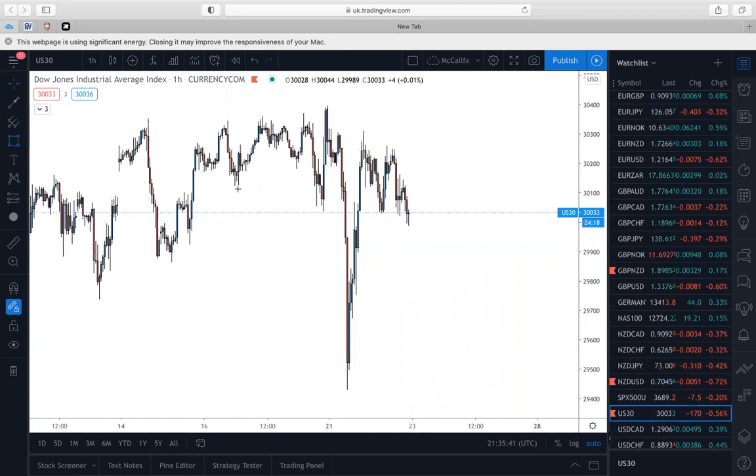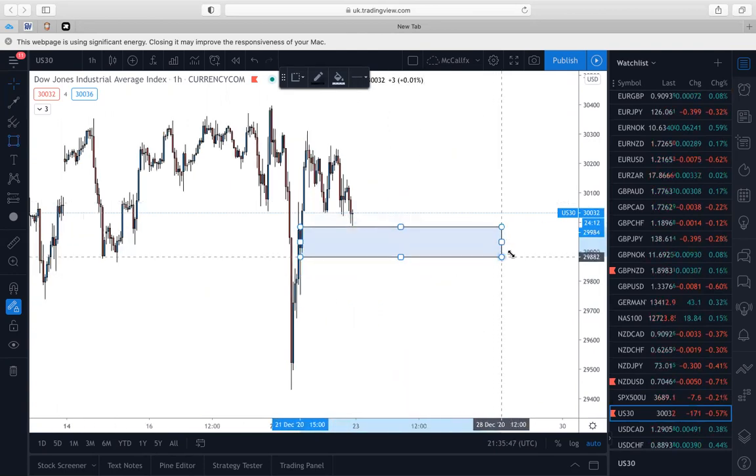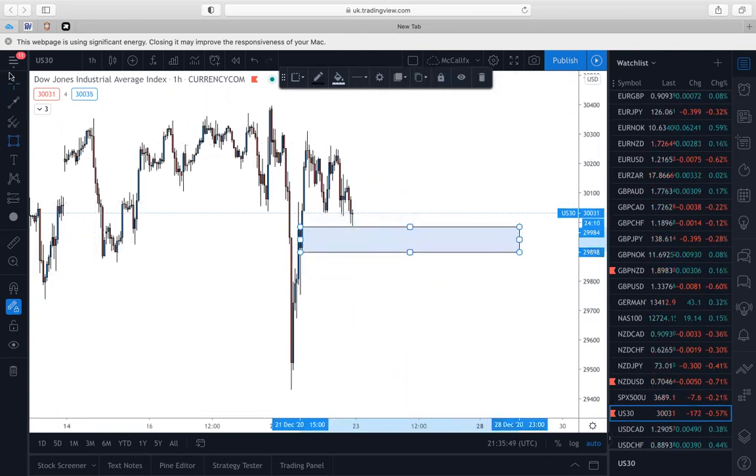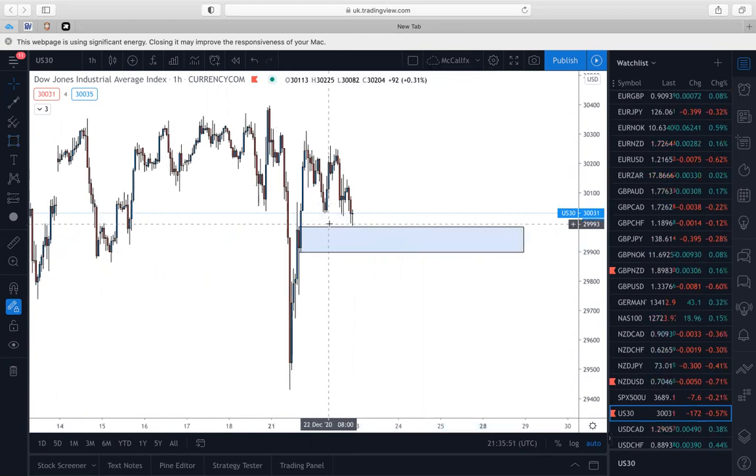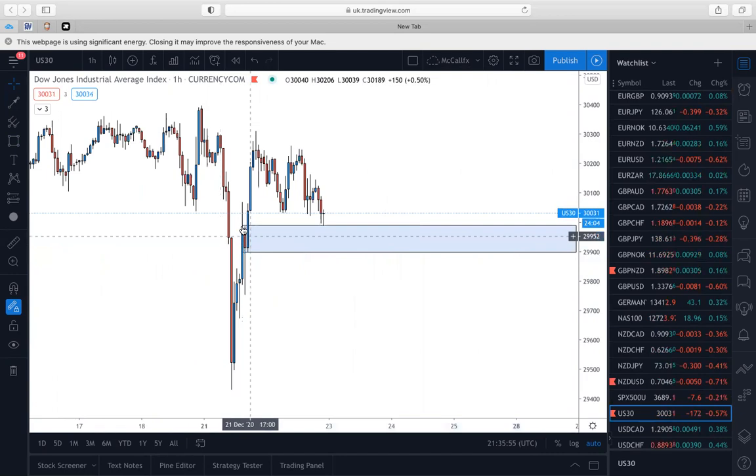Okay, so this will also be a structure, right? From this wick to this wick. A rally base rally, right? A rally base rally.